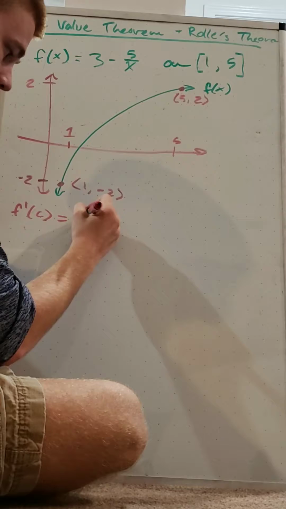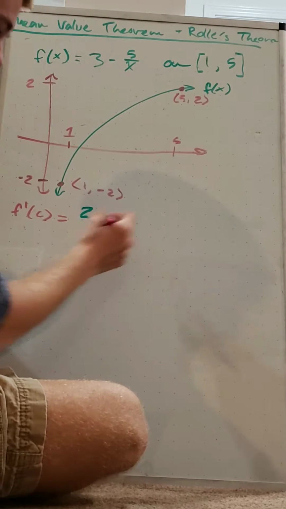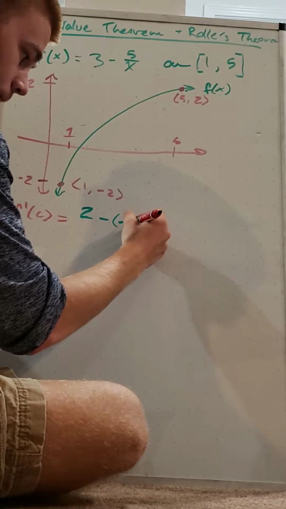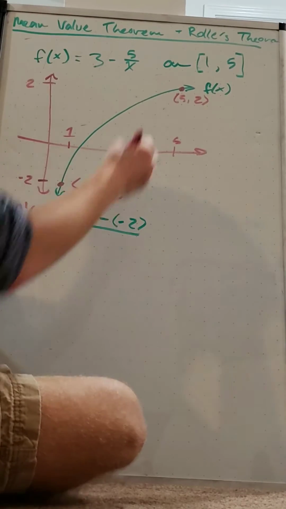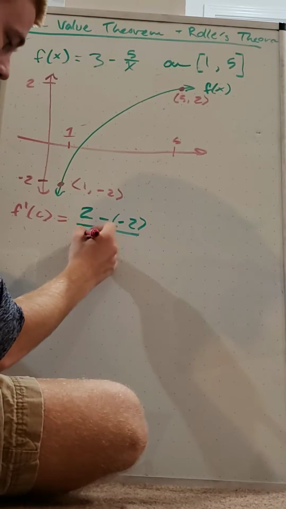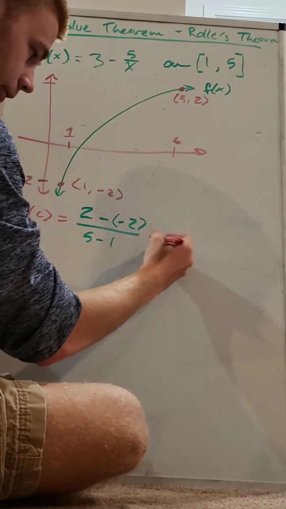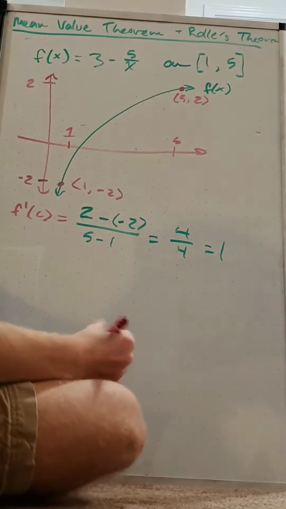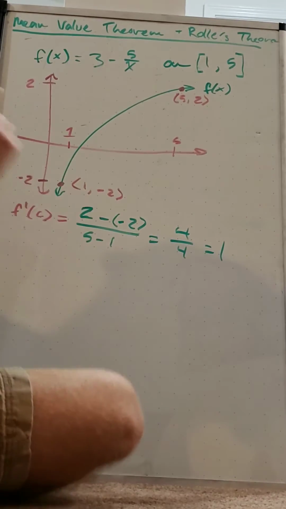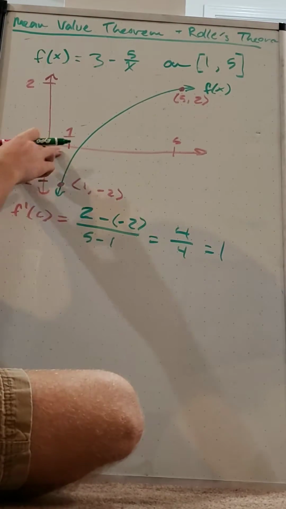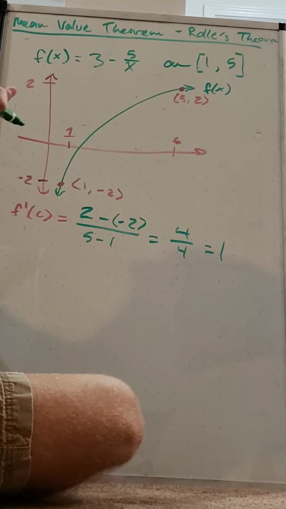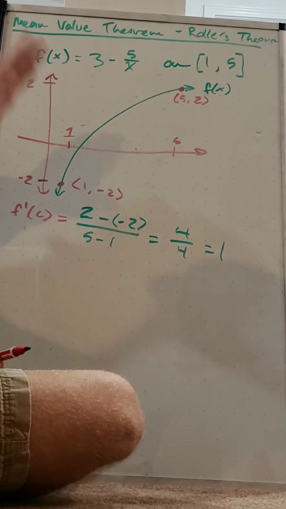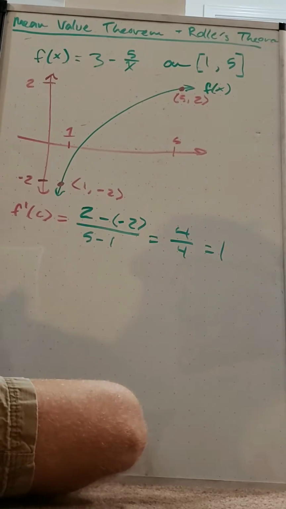So that would be 2 minus the function value of a, which is negative 2, over b minus a, which is 5 minus 1. So that's going to give us 4 over 4, or 1. What this 1 tells us is that there's some point between 1 and 5 where the derivative equals 1, right? Where the slope of the line tangent to this graph is equal to 1.